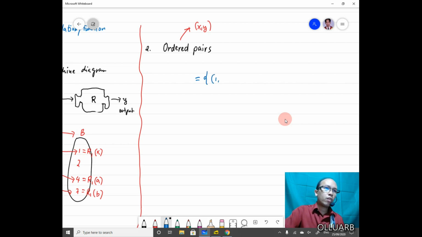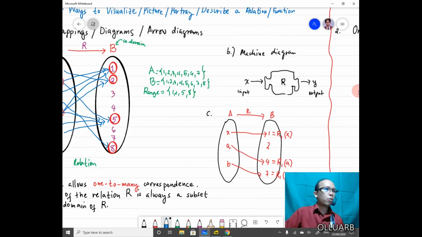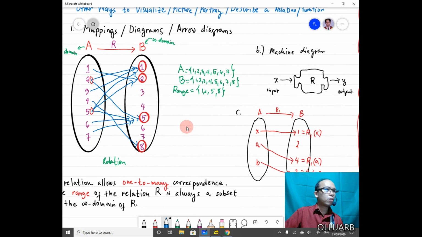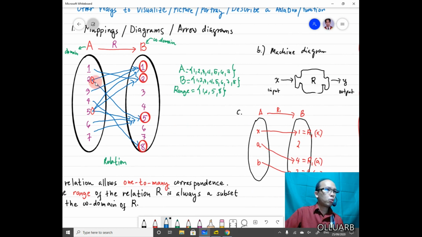We have 1, I forgot, 2. Let's complete the list. Let's try to recall. R1 is mapped to 2. Your element 2 here has 2 mappings.